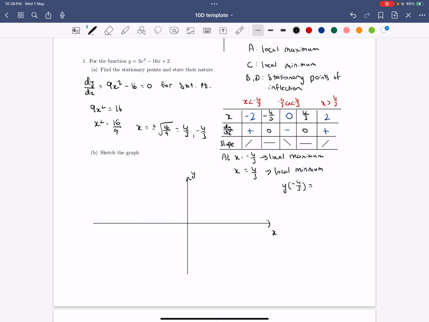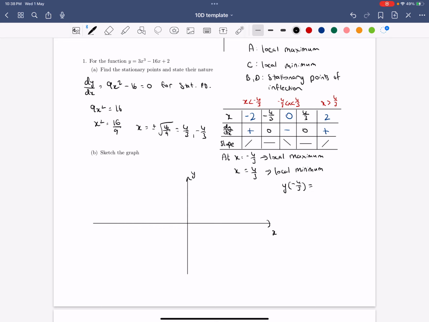So you define it on your CAS, and I might just see what that function is at -4/3.